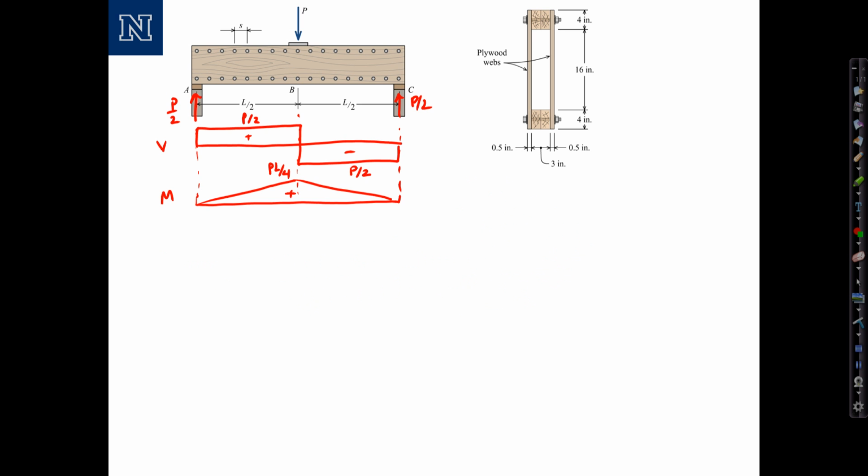Second consideration, criterion 2, is the shear stress in the plywood.